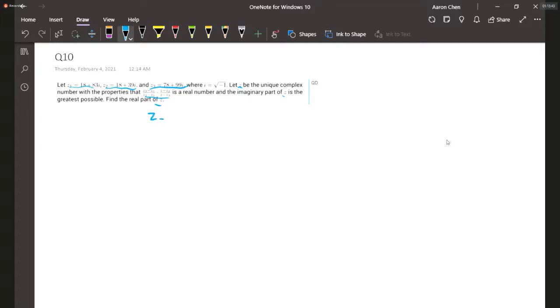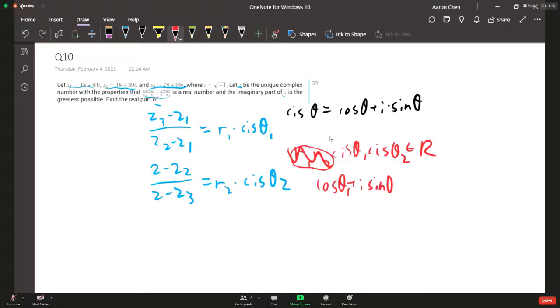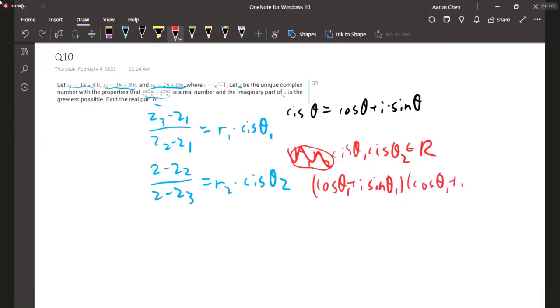So we can write (z3 minus z1) over (z2 minus z1) as a complex number of the form r1 cis theta 1 times r2 cis theta 2. Expand out the definition of cis of theta 1 and cis of theta 2.